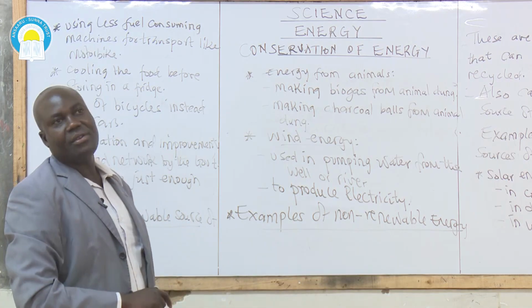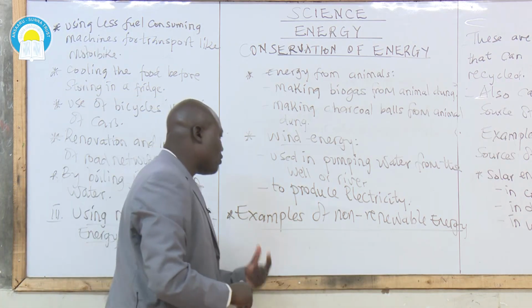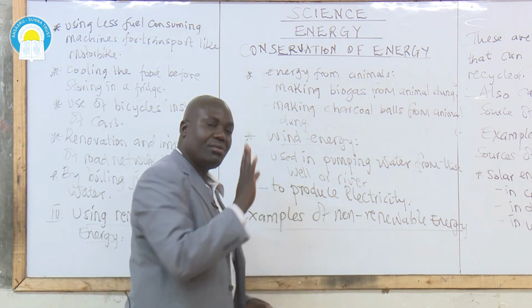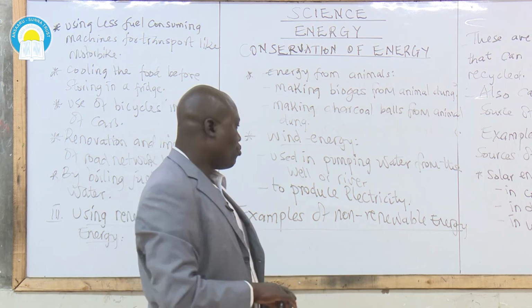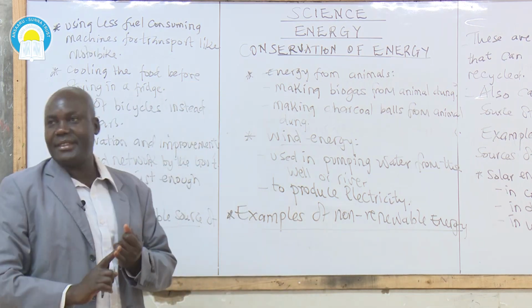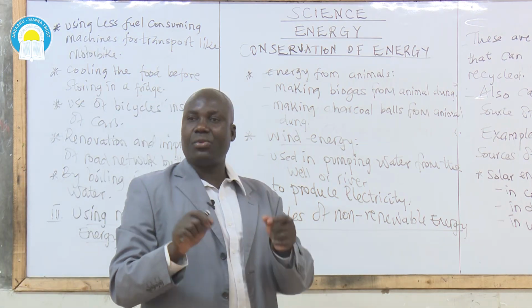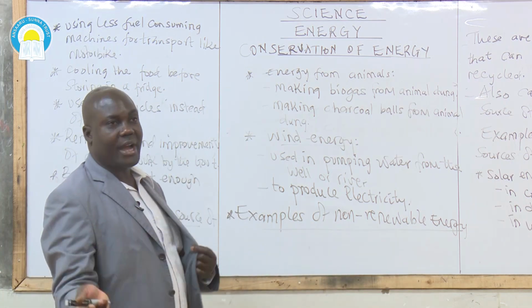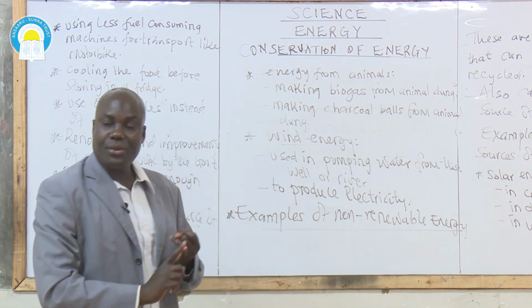That's the end of it. There are three examples. One is natural gas, the one many people use in cooking in the houses, like in cities or towns. Many people use a gas cooker, that is using natural gas.